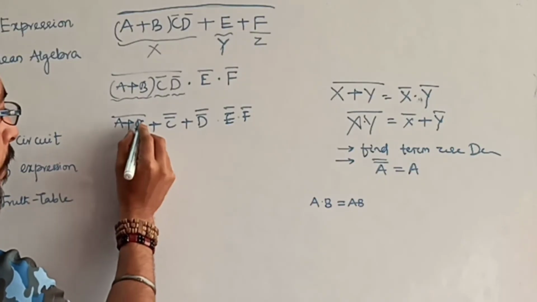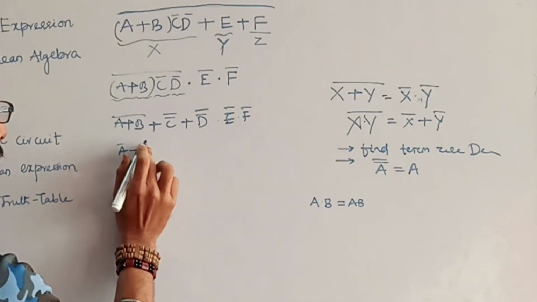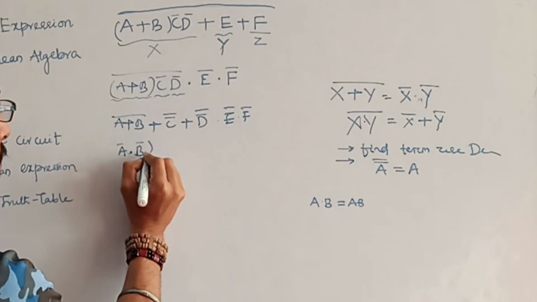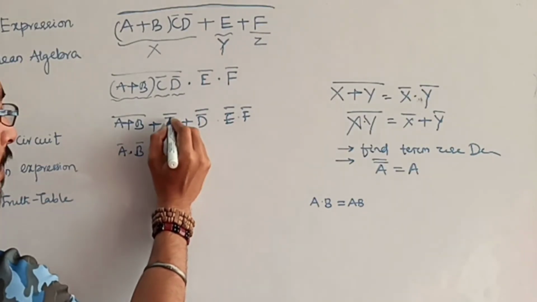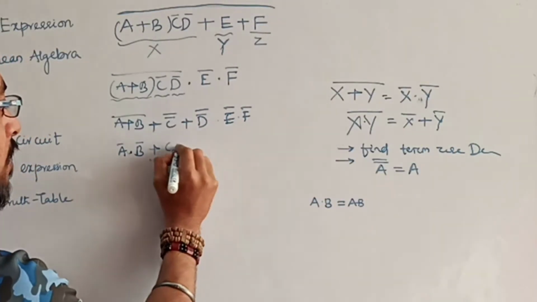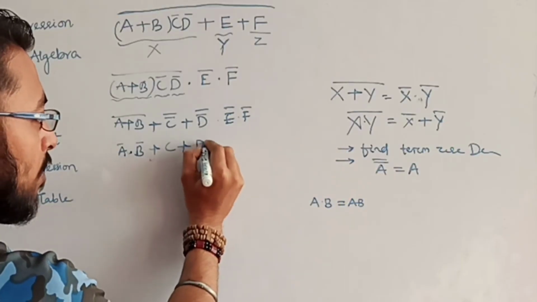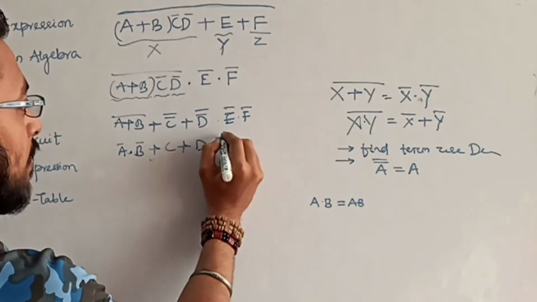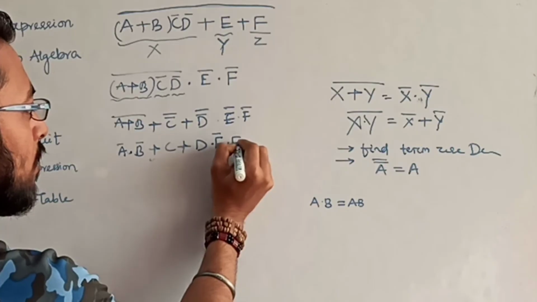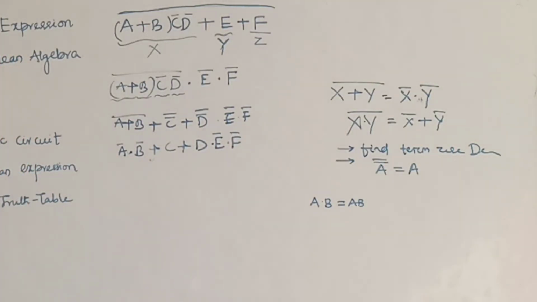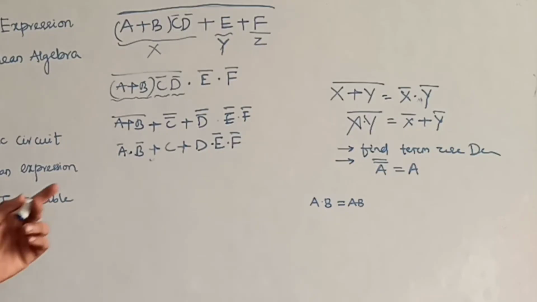Now A plus B bar can be represented as A bar dot B bar, plus C bar bar, which is nothing but C, plus D double bar is nothing but D, dot E bar dot F bar. Okay, so this is the final expression for this last question. Now we'll see the Boolean analysis of logic circuits. This is all about your De Morgan theorem.